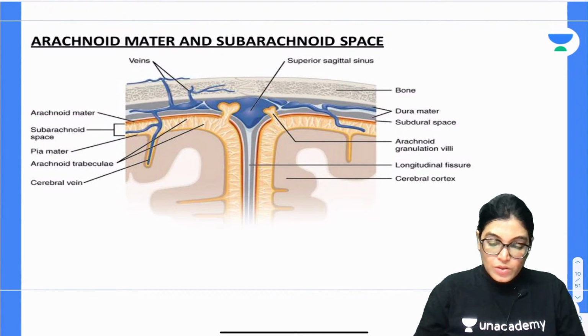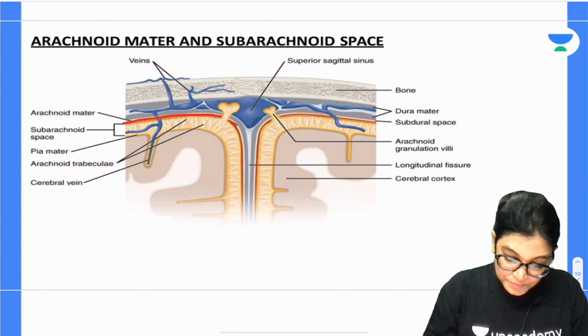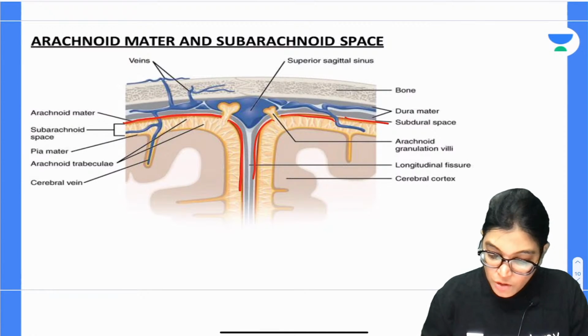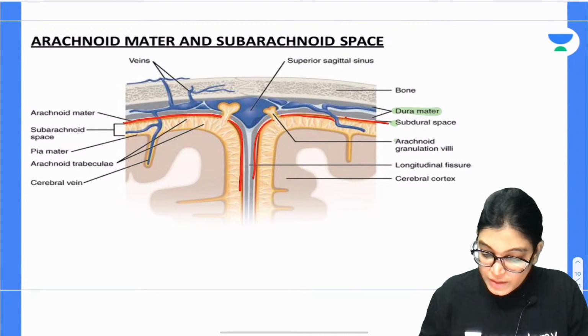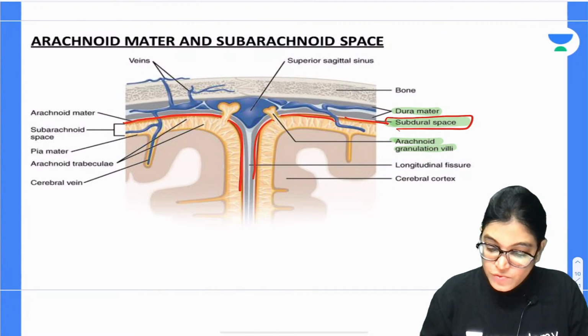Now, here you can see this is the arachnoid layer, which I am highlighting. This is the arachnoid matter below the dura.